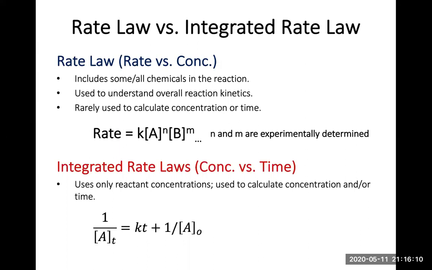So a rate law is a fundamental relationship that is true across all temperatures between the rate of a chemical reaction and the concentration of one or more reactants. Now you might be thinking, don't products sometimes influence the rate of the reaction? Could a product be appearing in the reaction mixture and either slowing the reaction down or causing it to go faster? If you're thinking that, then great, you should be a chemist. That's exactly right.